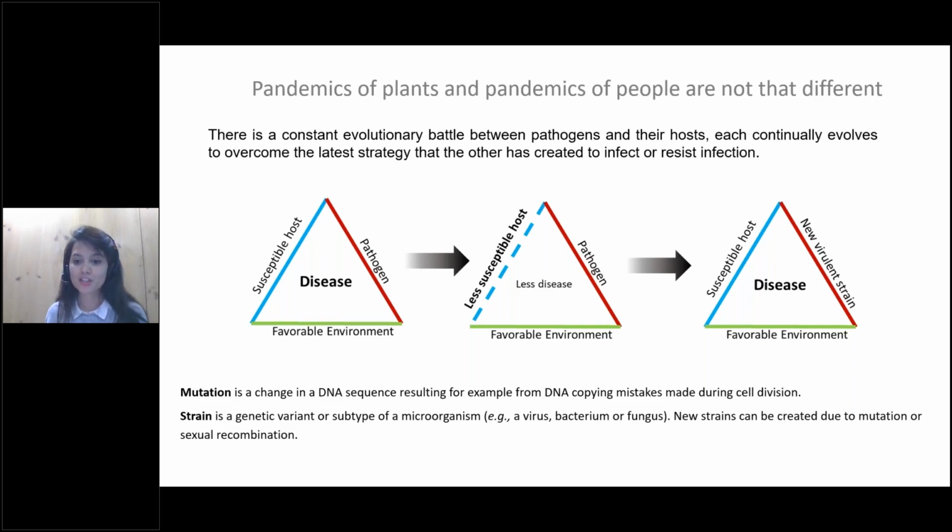The strain of a pathogen will be different from the original strain, and so it will behave differently. For example, everyone heard about the detection of several strains of COVID-19 emerging in the UK, in the US, or in Brazil. Those strains have a large number of mutations that explain why they spread so easily and quickly.